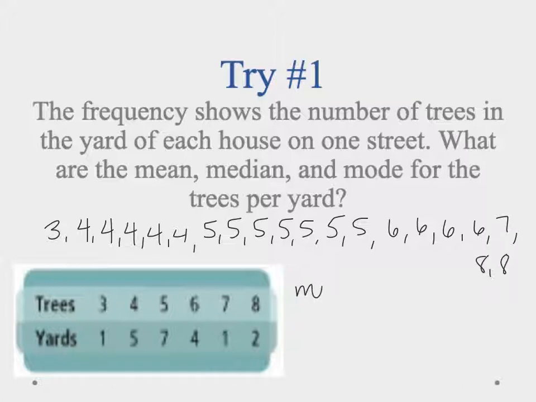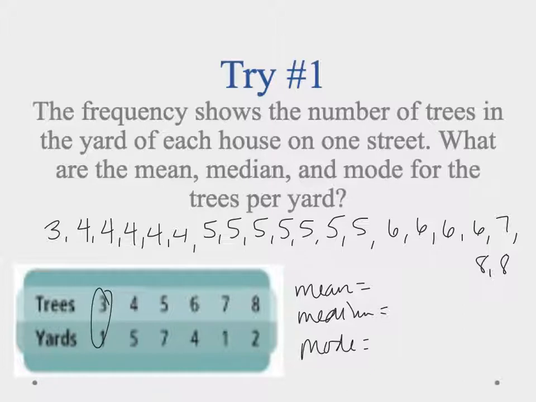So again, we're going to find the mean, median, and mode. If we find the mean, we've got to add it all up and divide by how many numbers there are. One way of doing this is to multiply these numbers. So 3 times 1 is 3. Plus 4 times 5 is 20.